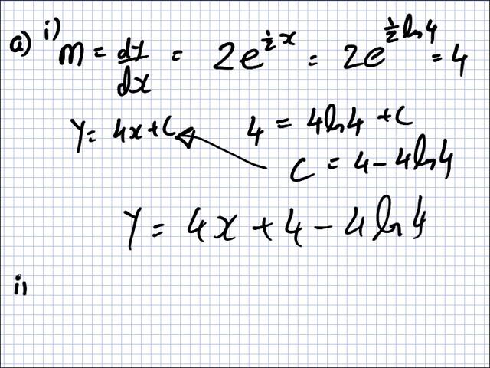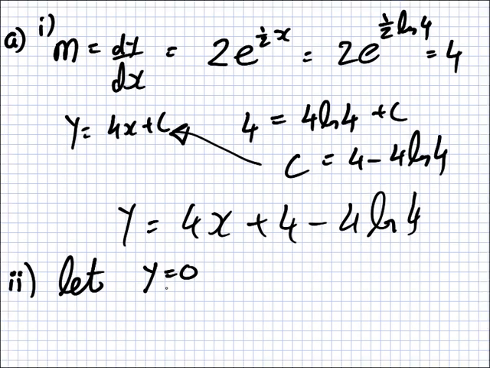Part 2. Calculate where this crosses the x-axis. So how do I do that? How do I find out where it crosses the x-axis? Let y equals 0. So I get 0 equals 4x plus 4 minus 4 log 4.